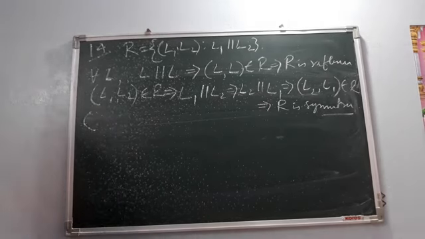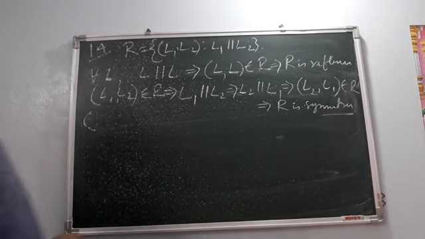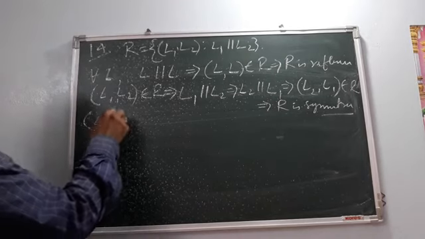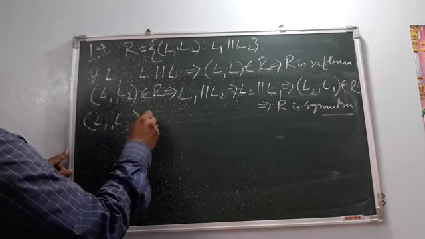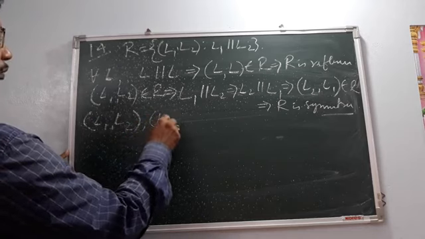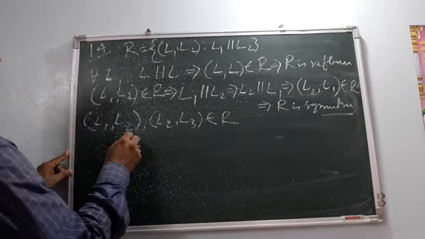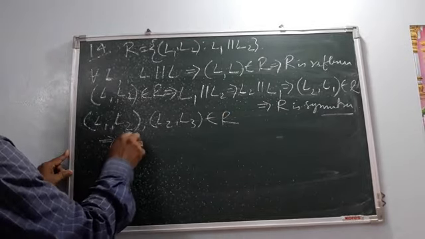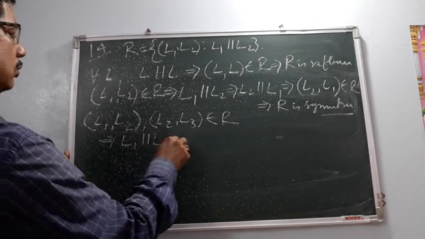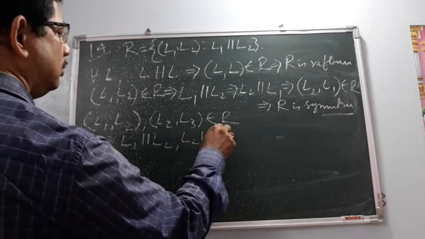Now (L1, L2), (L2, L3) belongs to R. Implies L1 is parallel to L2, L2 is parallel to L3.